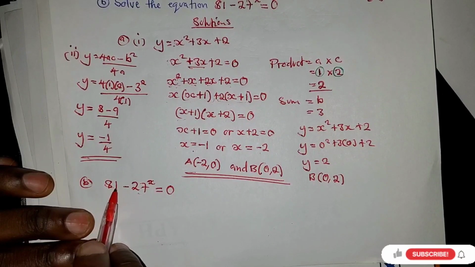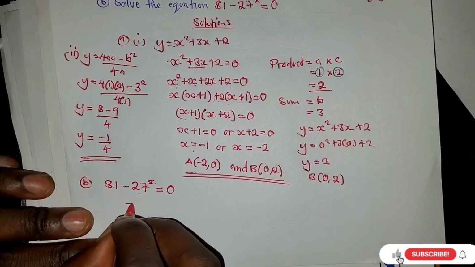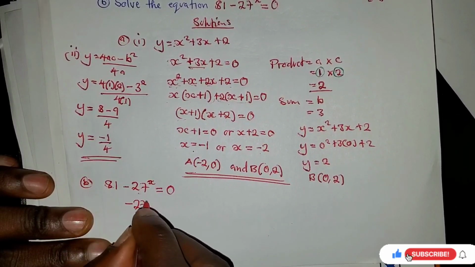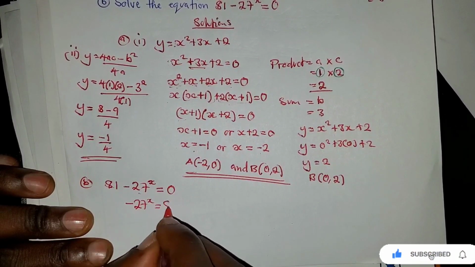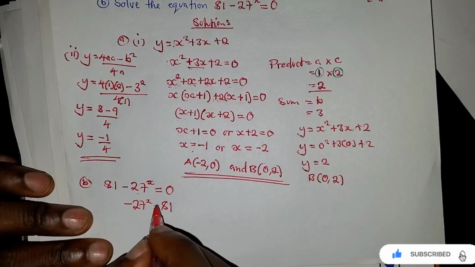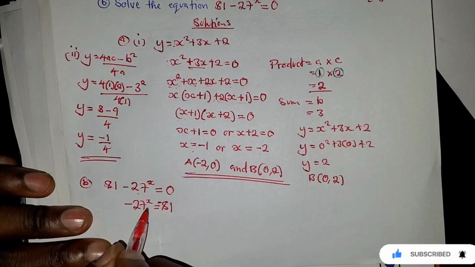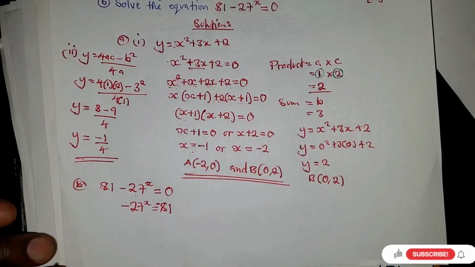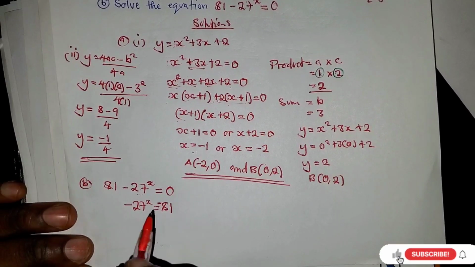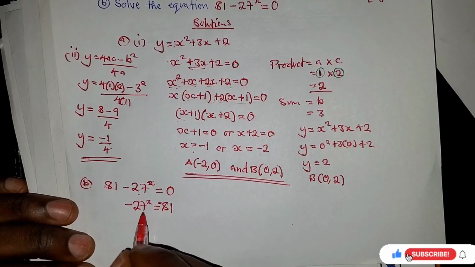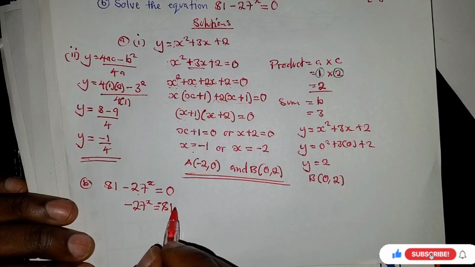Let's take the 81 to the other side. So this side will just remain with negative 27 to the power x is equal to negative 81, because the sign will change. Since it's positive, when it crosses the equal sign, the sign changes.